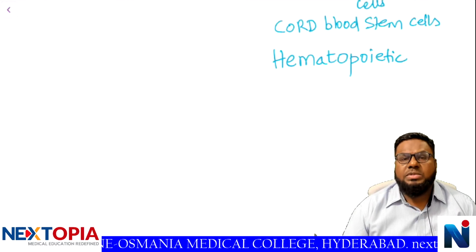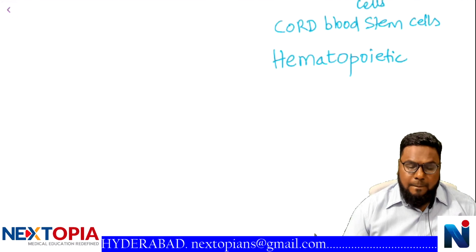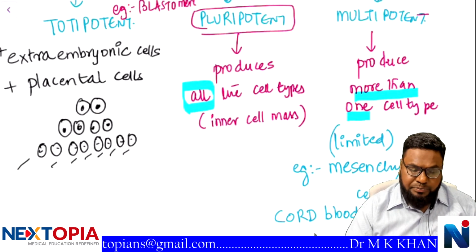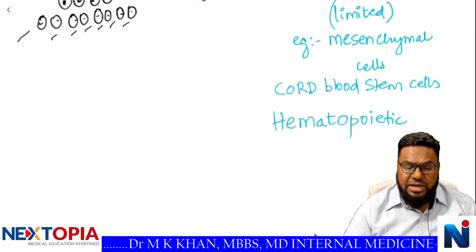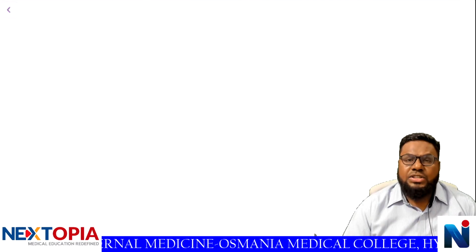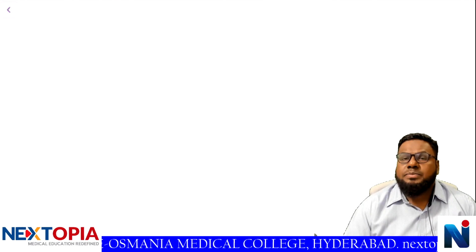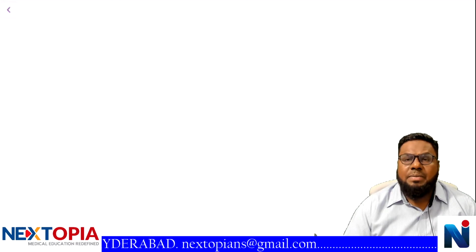So this is how sometimes we are able to harvest the stem cells, and based on their property, whether it is totipotent, pluripotent or multipotent, you can use it in certain clinical conditions.